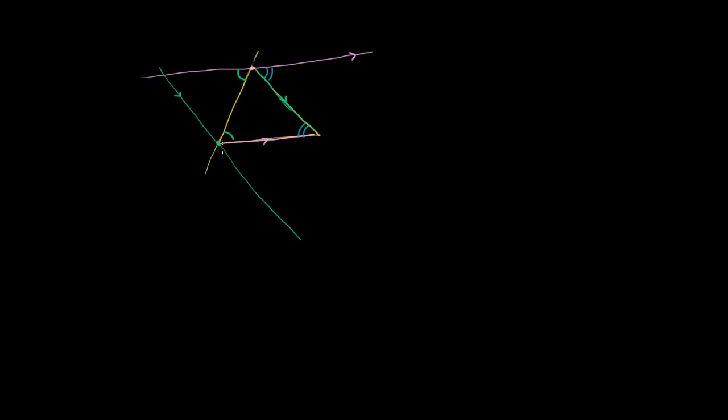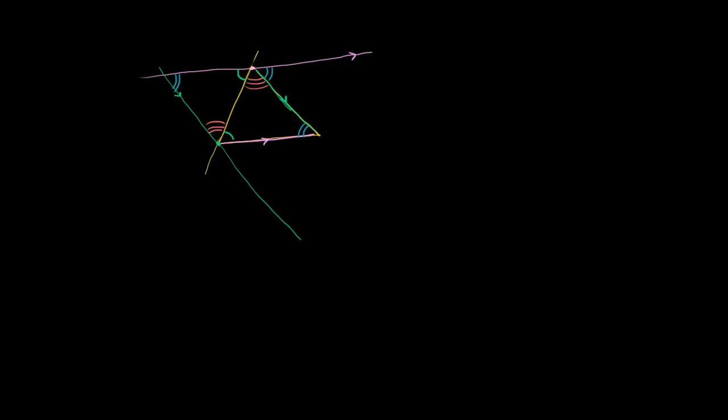And so once again, we can use alternate interior angles. We know that if this angle right over here, let's say we have this orange angle, its alternate interior angle is this angle right over there. We also have corresponding angles. This blue angle corresponds to this angle right over here. So it'll correspond to that angle right over there.